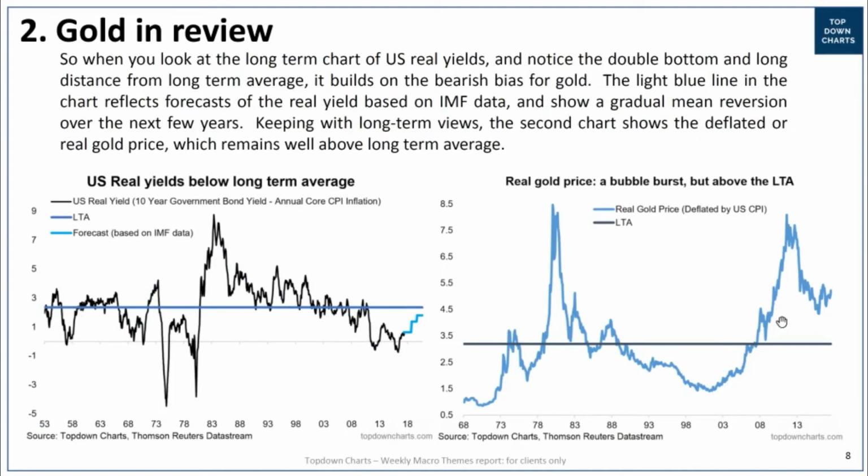And then the last chart, just to round it out, is real gold price. So it's the gold price deflated by the US Consumer Price Index. And you can see there that it's trading well beyond its long-term average.